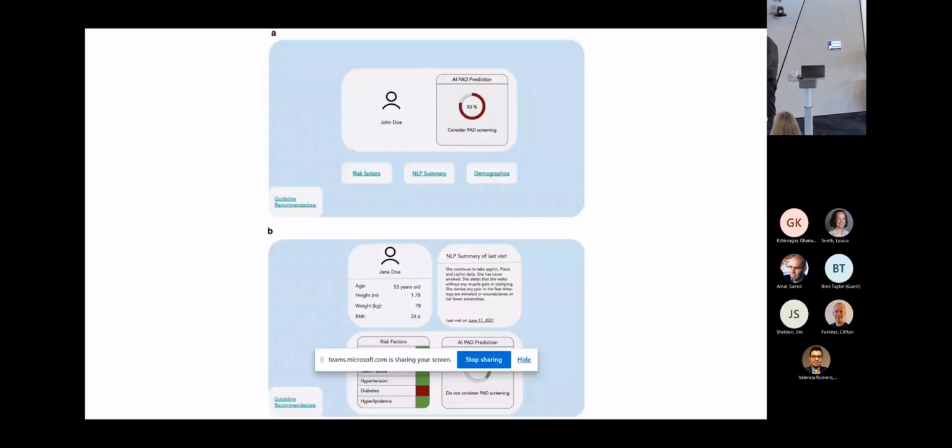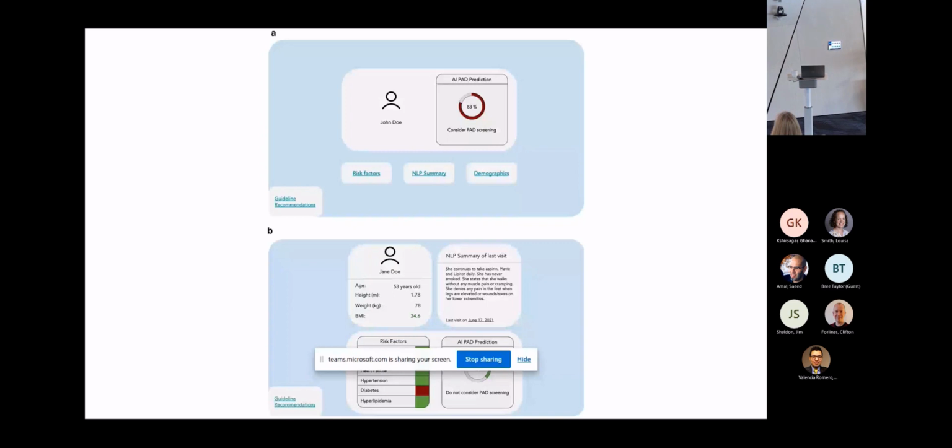So in addition to building the models, we thought that it's important to do a kind of study with surgeons in Stanford and primary care physicians. And we showed them two different visualizations.